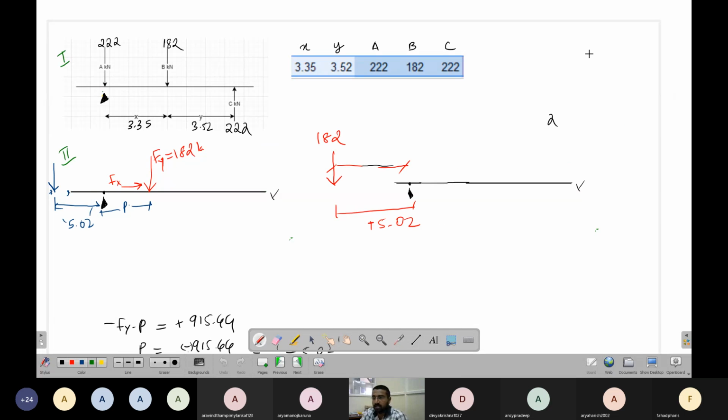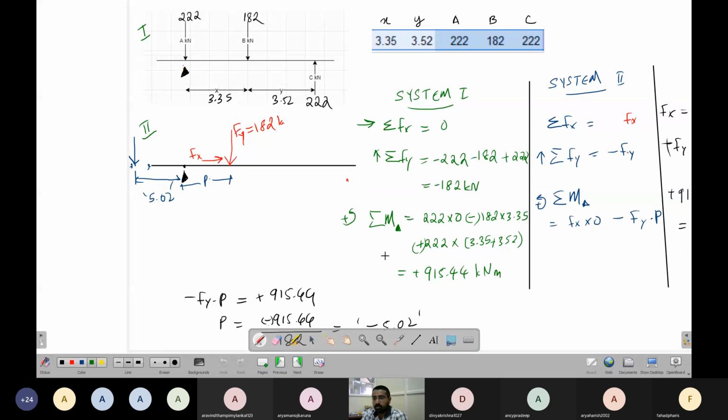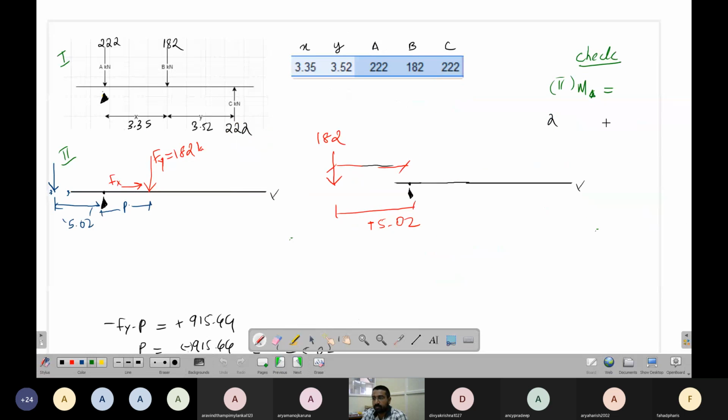Okay, so how do you check this? You can check this. So for system 1, the moment about this we have already found. It is +915.44. Now system 2, so this is system 1.